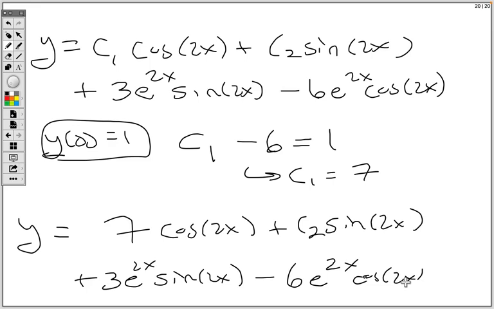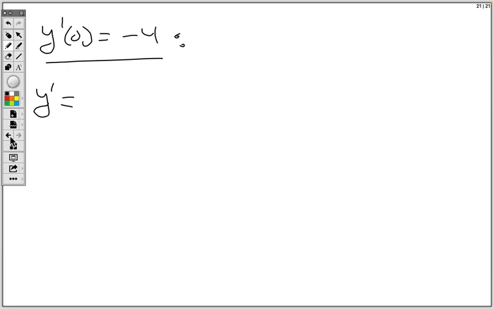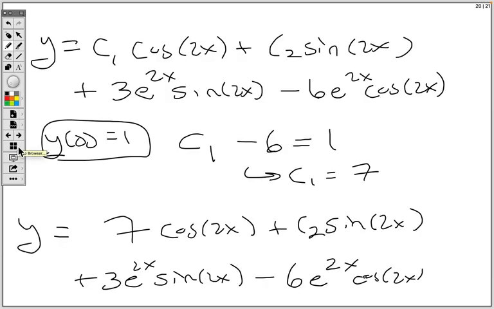Okay. Now I need to impose the next initial condition. y prime at 0 is negative 4. So to do that, I need to figure out y prime. So when we're taking derivatives here, don't forget about the chain rule.